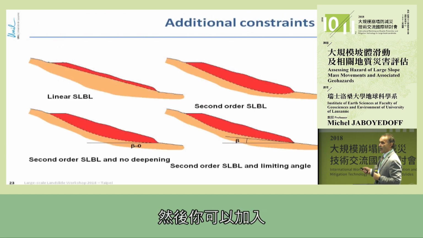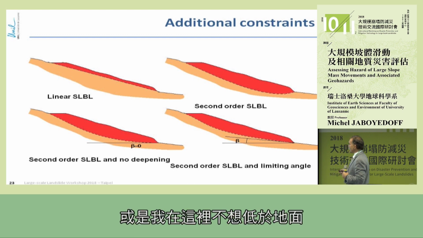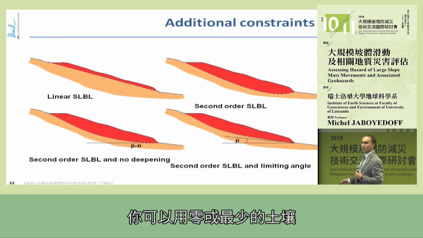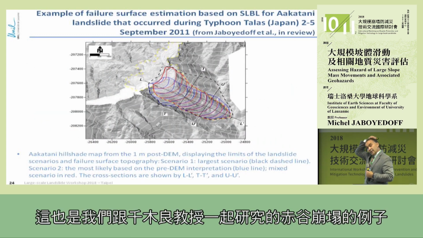Then you can add additional conditions. It can be like this, straight, curved, or you say I don't want to dig below the surface here. Then you fix 0, or you put a minimal slope. So this is an example, again on the Akatani landslide.